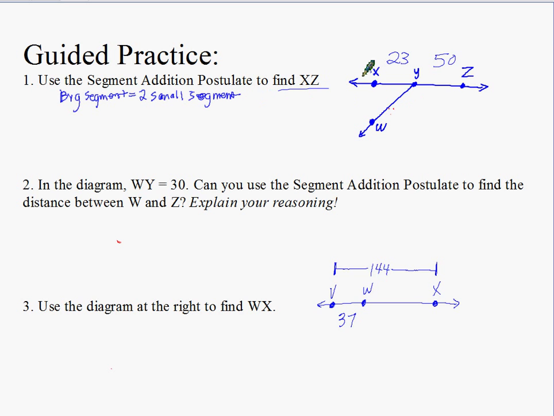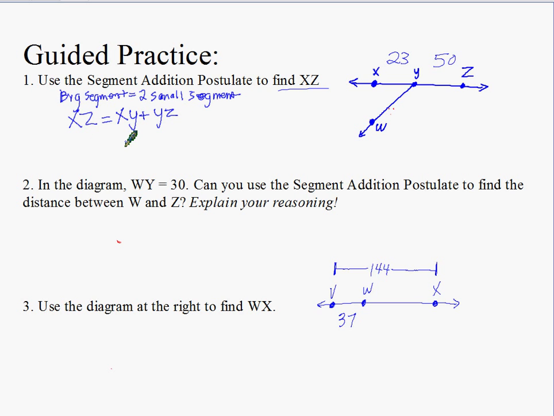Here's the big segment, XZ. We've got to use an equation. Notice there's no symbol up top, so I'm talking about the distance between X and Z. The distance between X and Z is equal to the two small segments XY plus YZ.